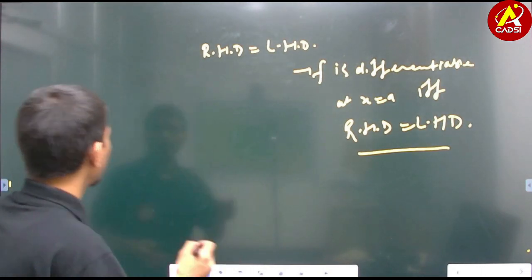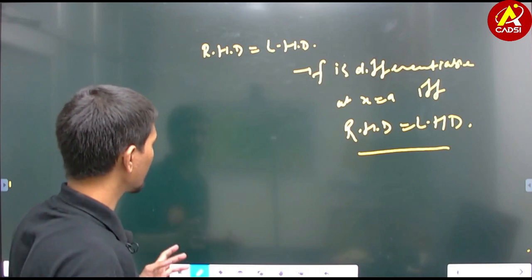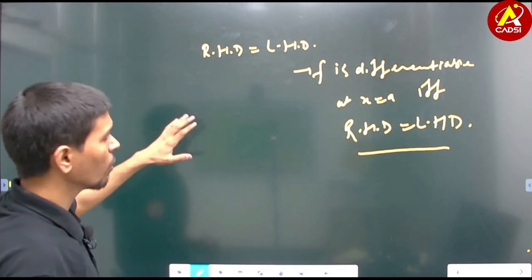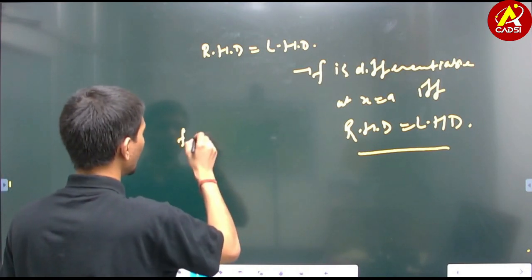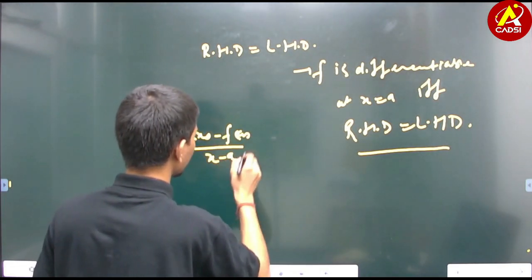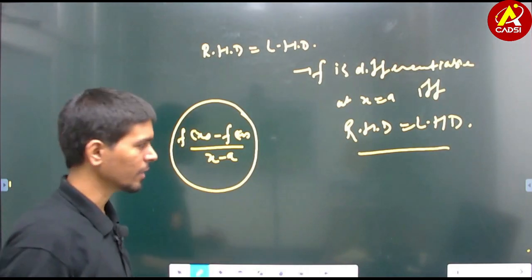Okay, and here one word, some time before I said that (f of x minus f of a) upon (x minus a) is the slope of a tangent. How can you say that this is nothing but the slope of a tangent?